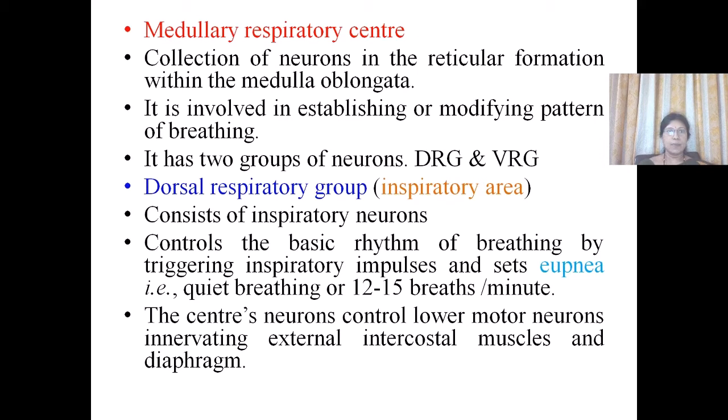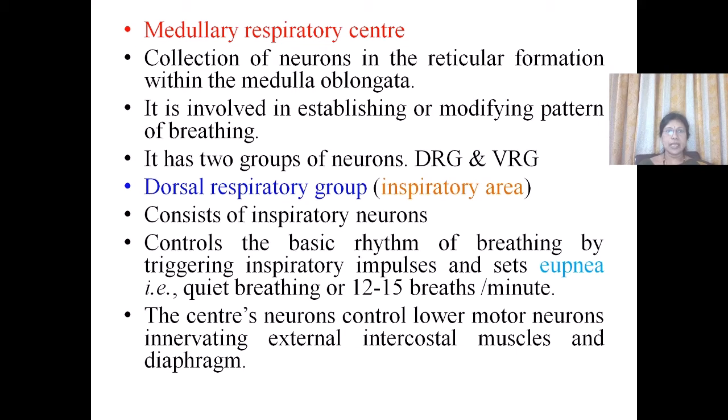Now let us see about the medullary respiratory center. The medullary respiratory center consists of a collection of neurons in the reticular formation within the medulla oblongata. This medullary respiratory center is involved in establishing or modifying the pattern of breathing.